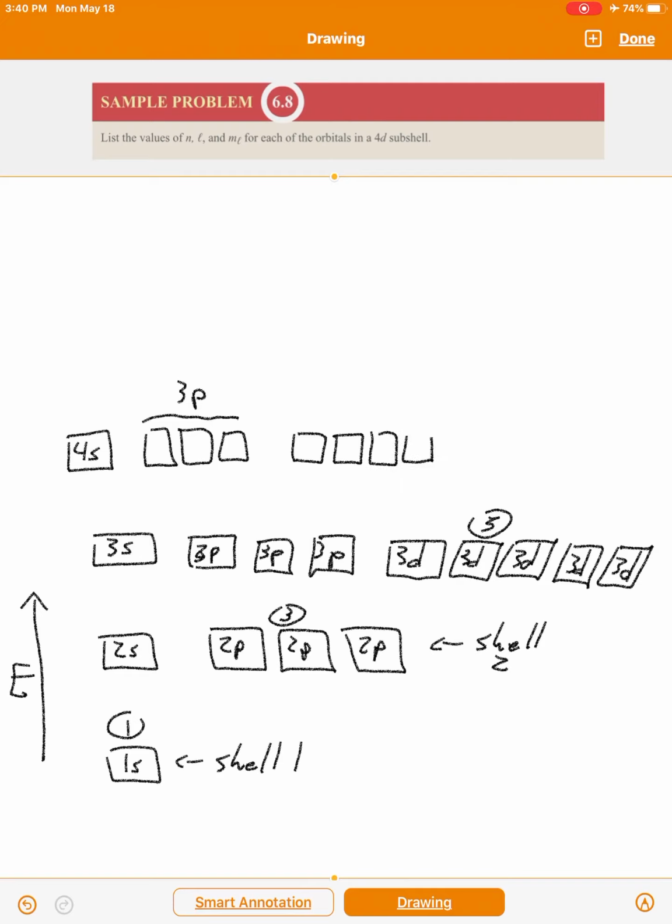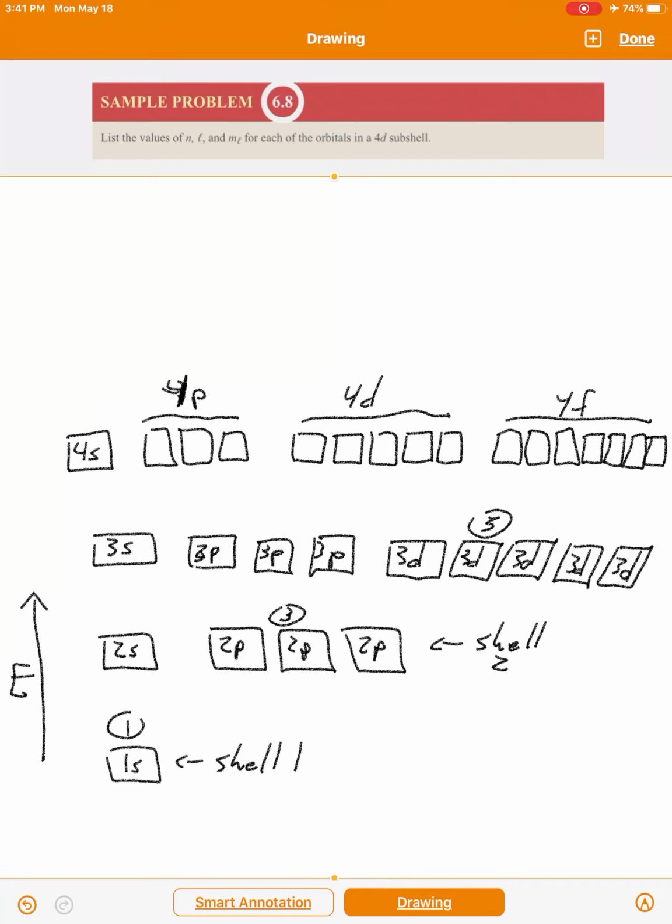Now we're not going to need it for this particular problem, but this is the 4th level, 4D. We don't need it here because the question really is just the 4D subshell. 1, 2, 3, 4, 5, 6, 7. These are 4F.